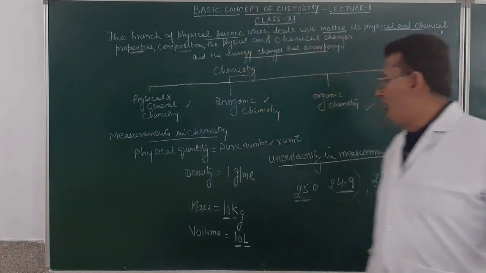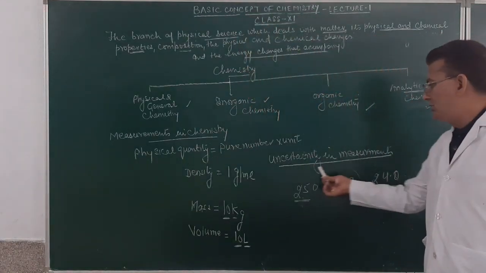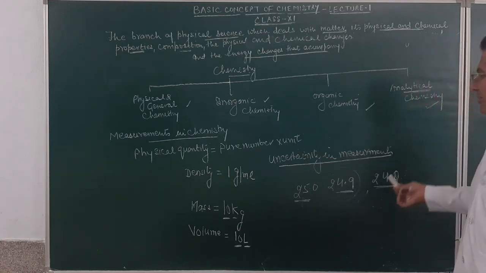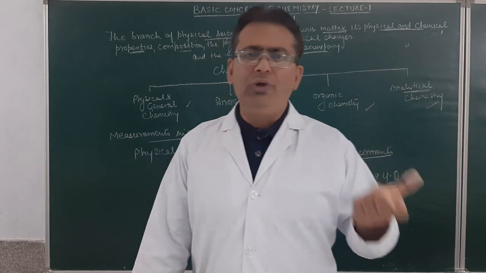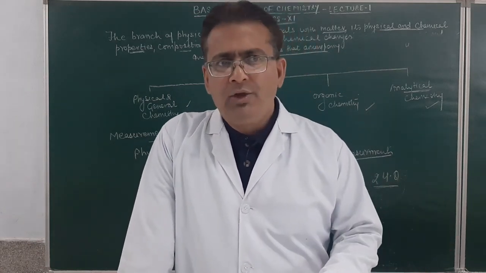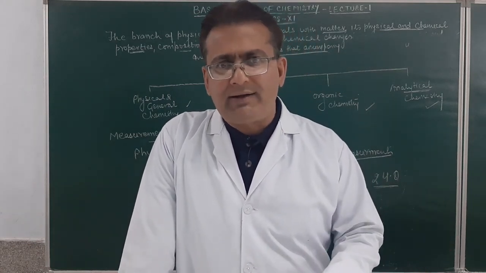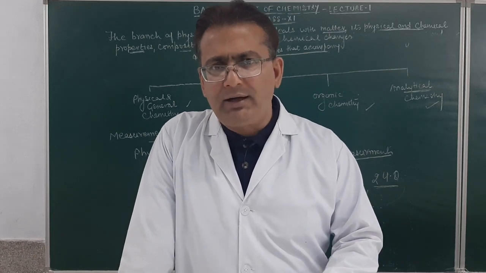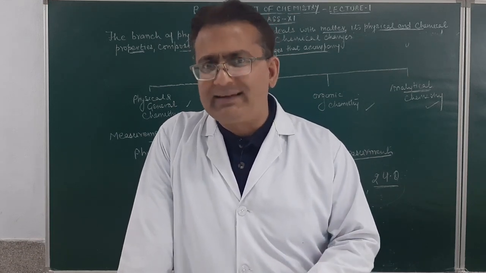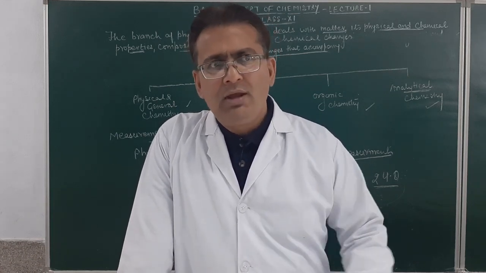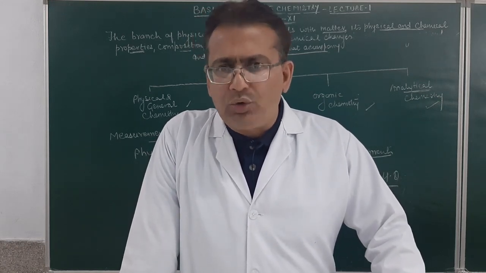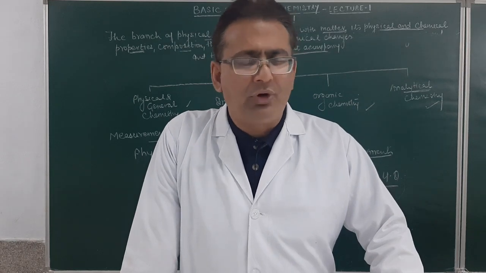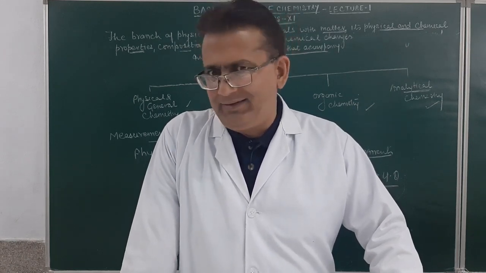Now, how do we remove or correct this uncertainty in the measurement? I mean to say, suppose you are solving numerical problems, how will you get the correct answer? To remove or correct the uncertainty and obtain the right, precise answers, we need to do certain calculations which are based on significant figures.